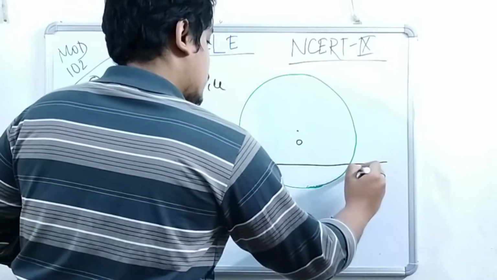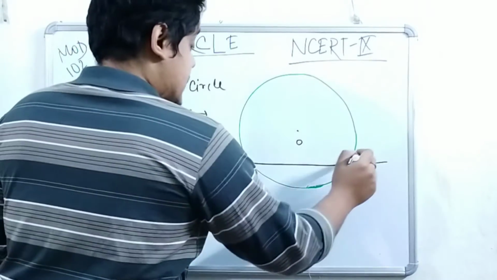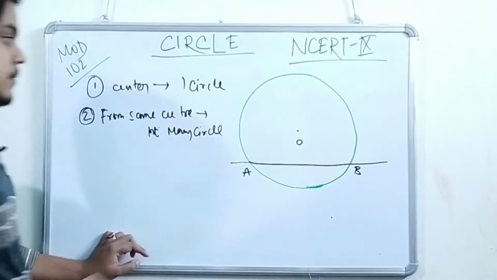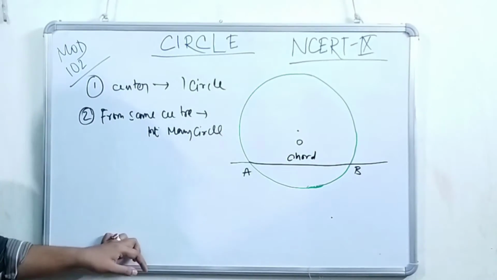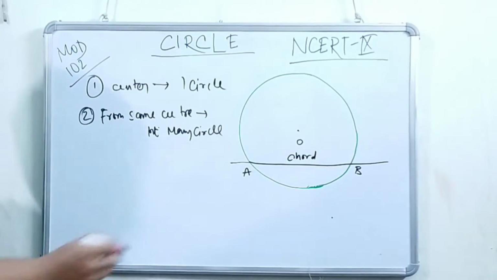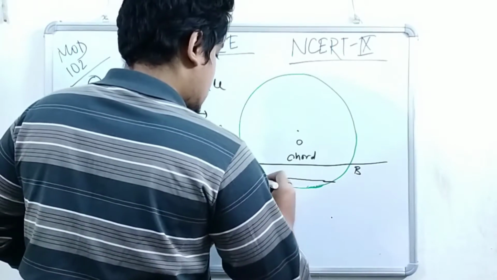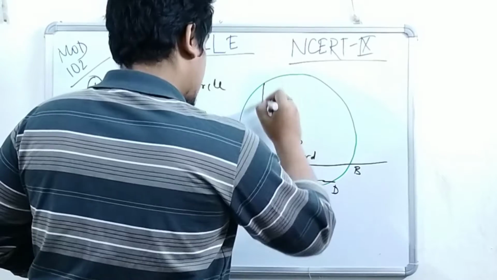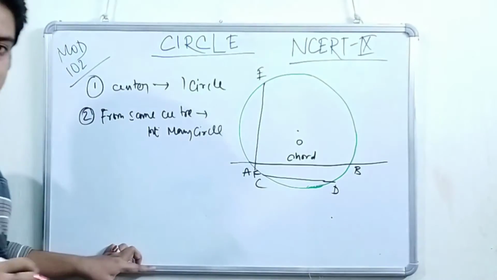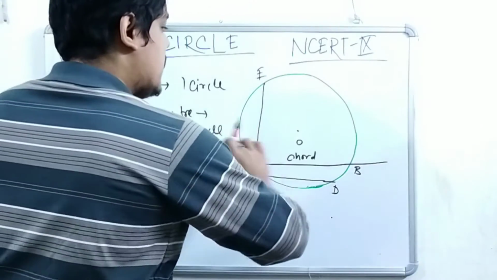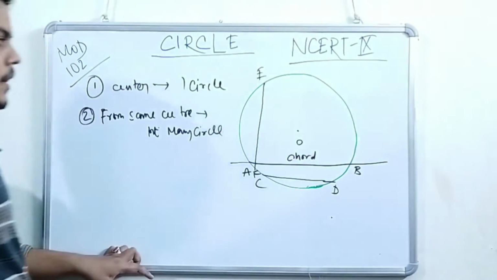I'm just marking those two points here, A and B. Now this line inside the circle is called a chord. Any other line passing through and meeting two points is also called a chord.